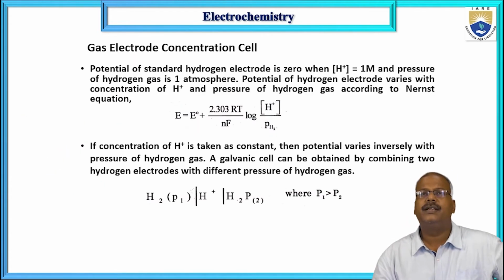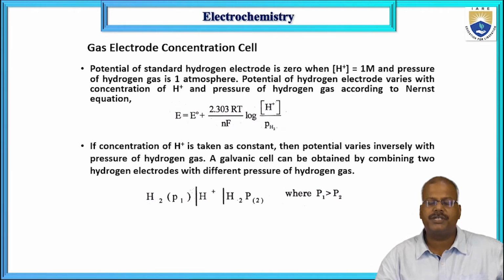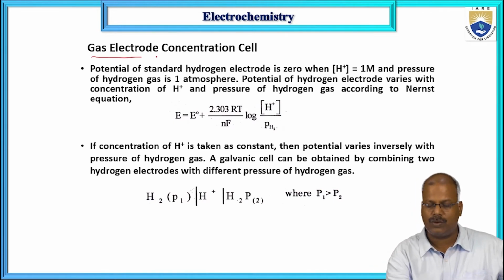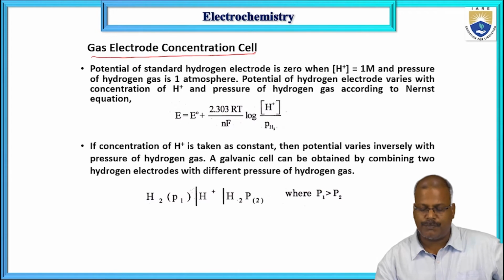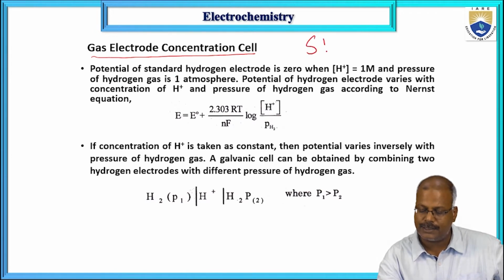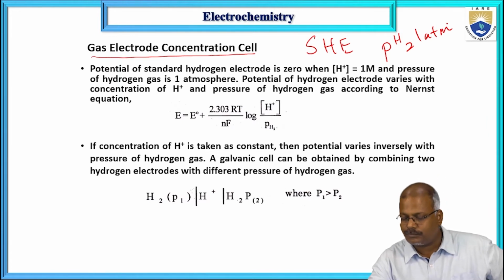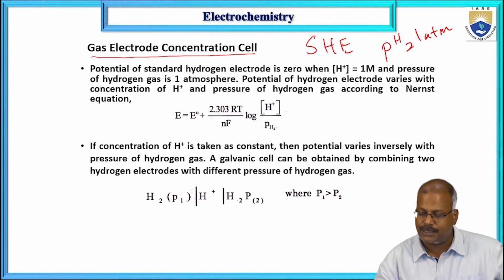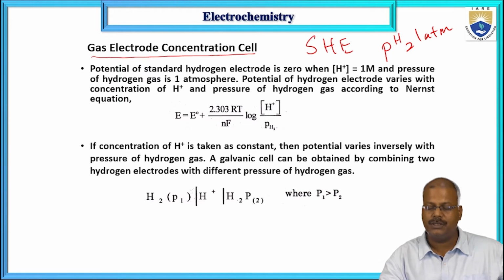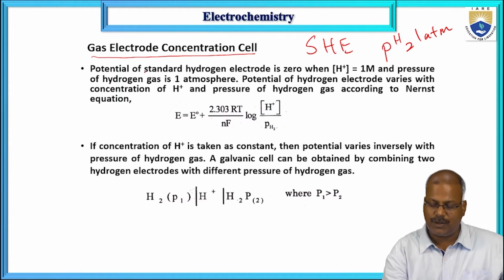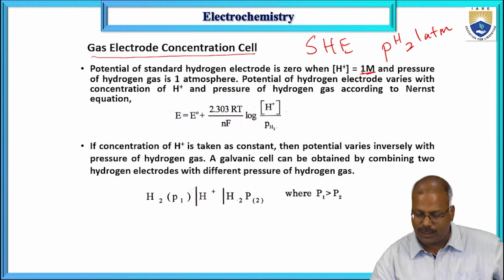Next, we have seen the electrode concentration cell. Now it is the gas electrode concentration cell. For example, we know that in the standard hydrogen electrode, hydrogen at a pressure of 1 atmosphere is bubbled through an H plus solution. The potential of the standard hydrogen electrode is 0 when the concentration of H plus is 1 molar.